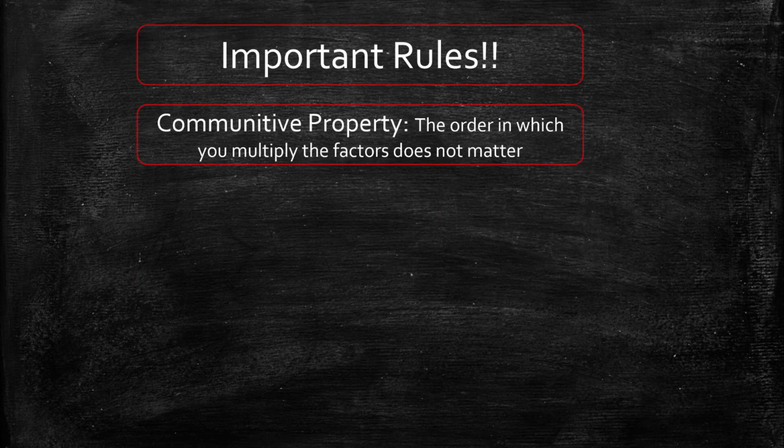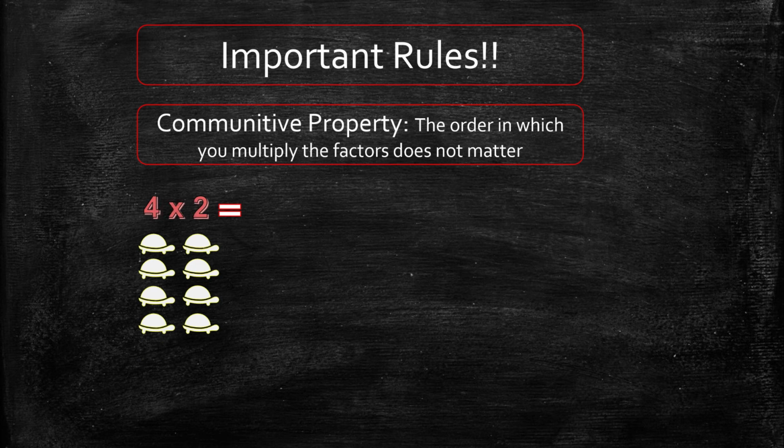Now, there's something called the commutative property, which is the order in which you multiply the factors does not matter. What that means is here we have 2 groups of 4 turtles, so 4 times 2. If we added all those turtles up, we would have 8, because 4 times 2 equals 8.